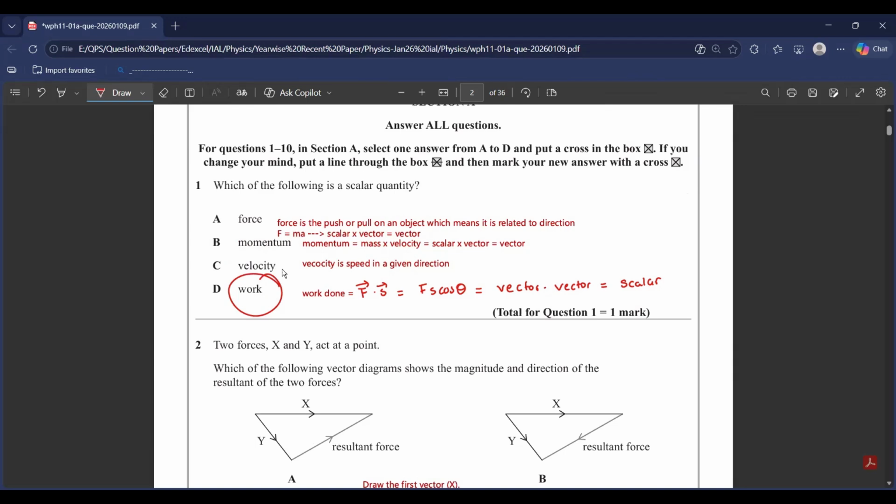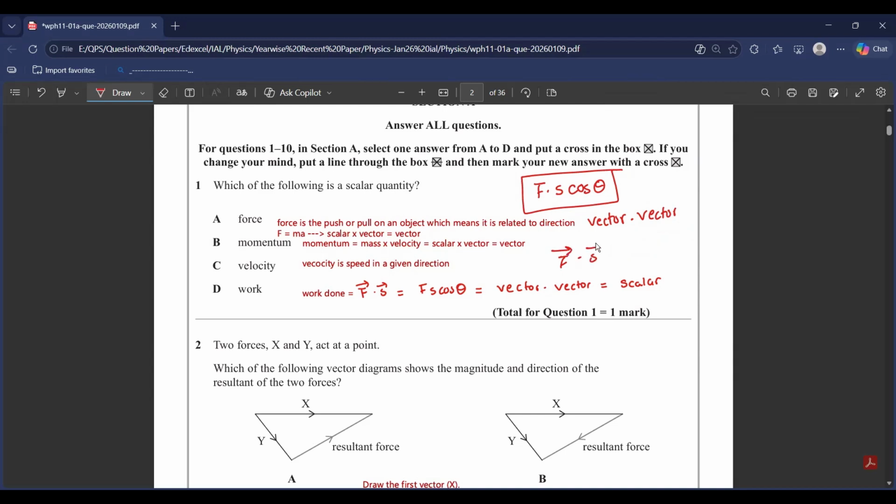Next, we have work. Work done in formula is force times displacement. And usually it has an angle. So it's cos theta, which means that we have a dot product of vectors, right?